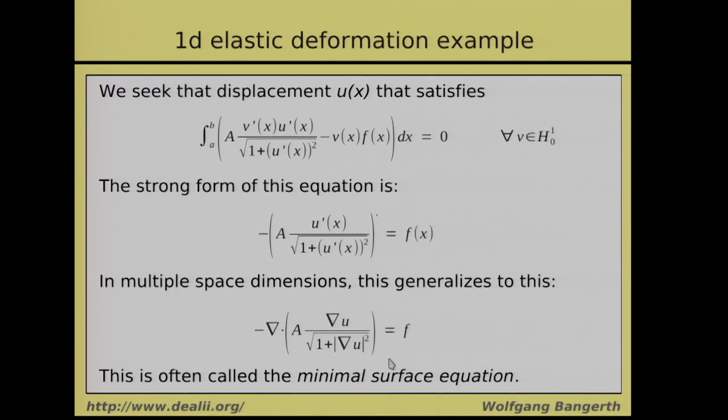So this equation here is often called the minimal surface equation, and it's called that way because, let's say you assume that f is 0, but that you impose certain boundary conditions.